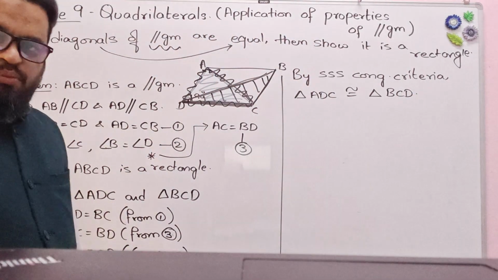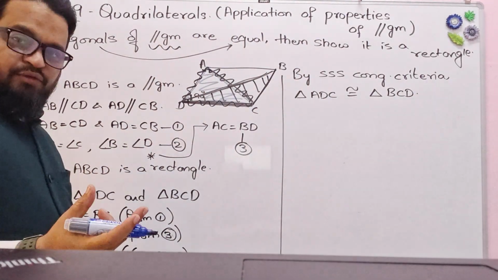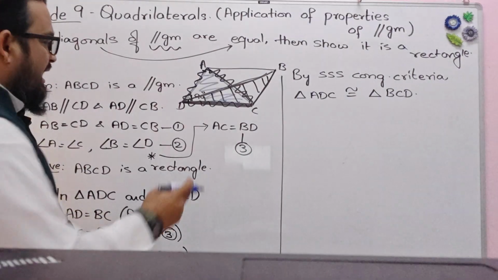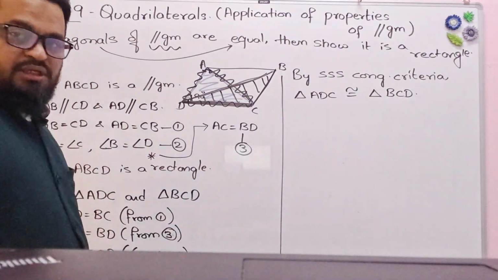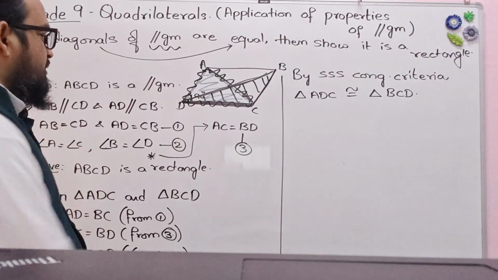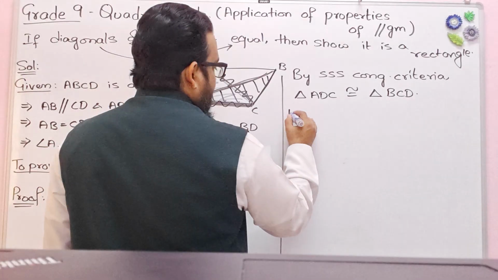Okay, now by CPCT, what we have to prove? You have to remember what to prove. ABCD is a rectangle. For that, I have to prove that the adjacent angles, the angle between the adjacent sides, is 90 degrees. So come on, take it by CPCT.